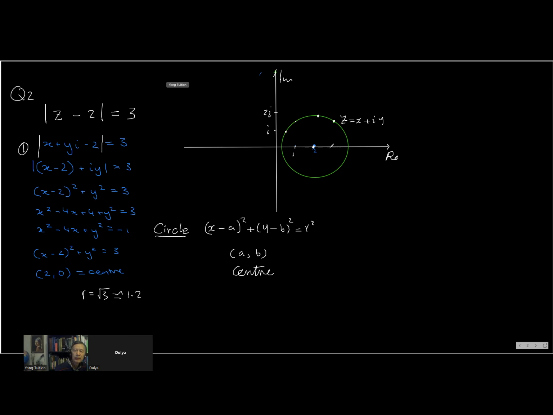This is the origin here, and that is a solution in the circle.